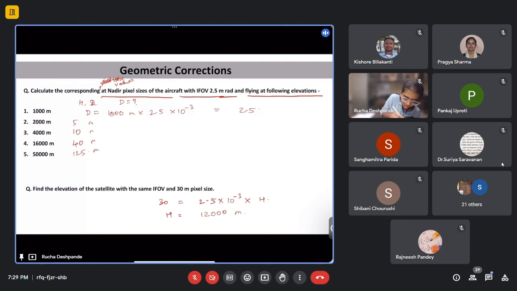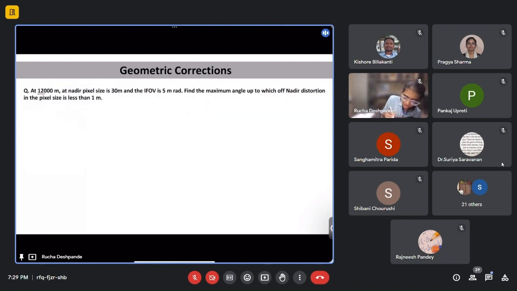Okay, so at 12,000 meters, at nadir pixel size is 30 meters and IFOV is 5 millirad. So find the maximum angle up to which the off-nadir distortion in the pixel size is less than 1 meter.